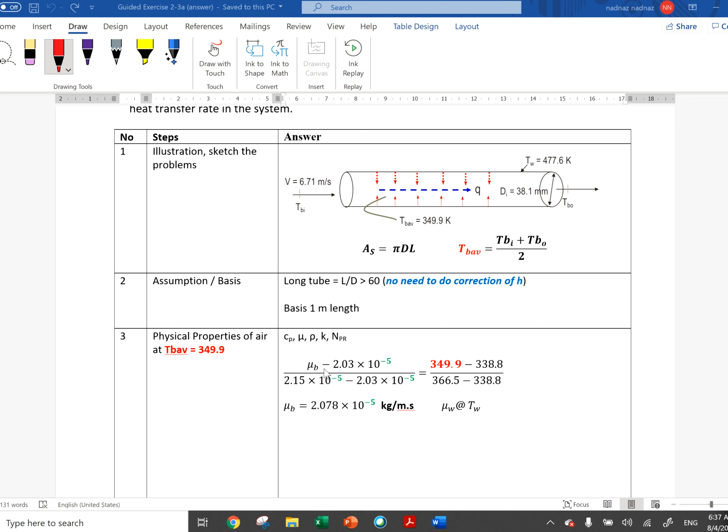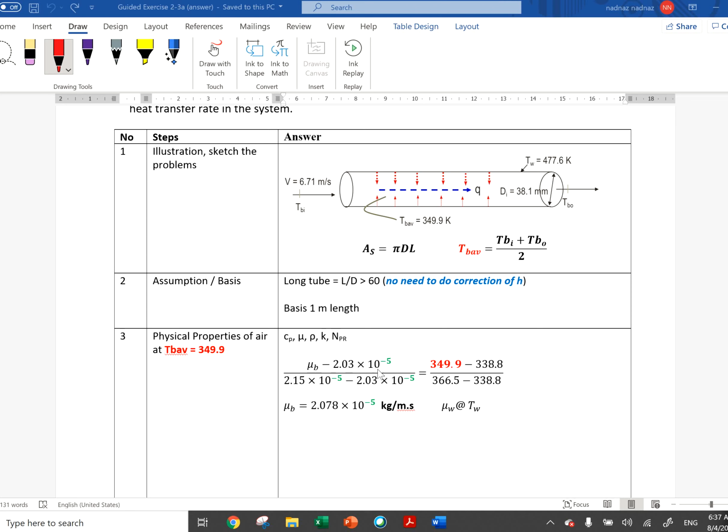But here, what you need to take into consideration is that the value of the viscosity just now is given as 5, right? But for the calculation, you have to take minus 5. This is a common mistake made by students previously, and I hope you don't make the same mistake.